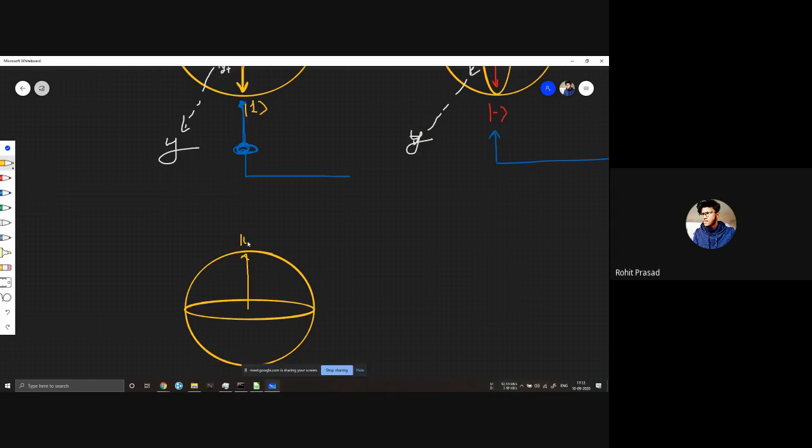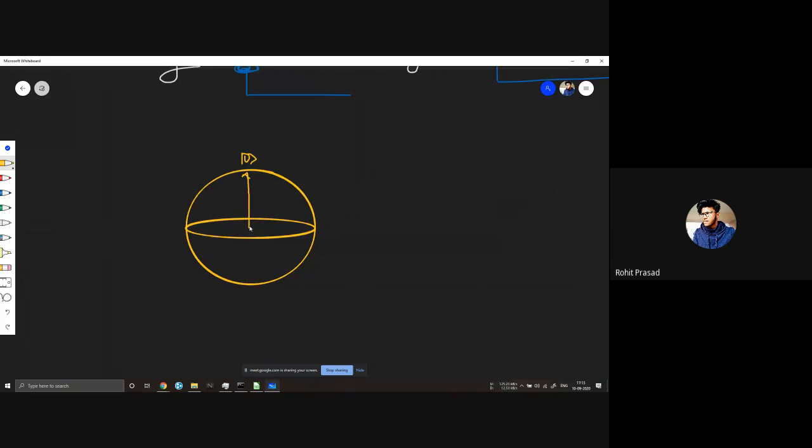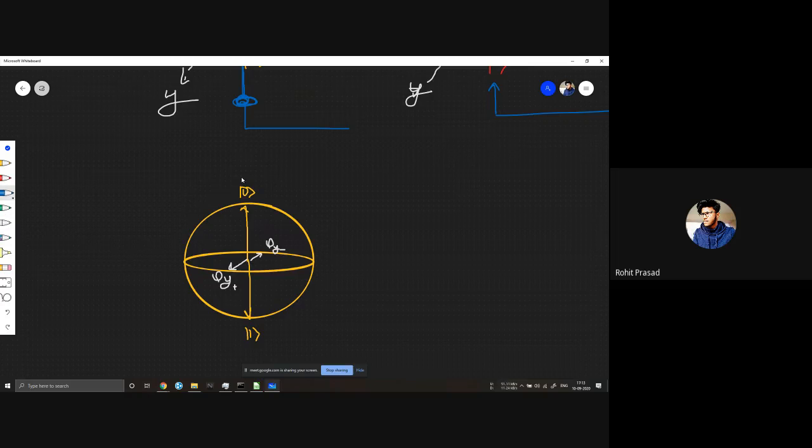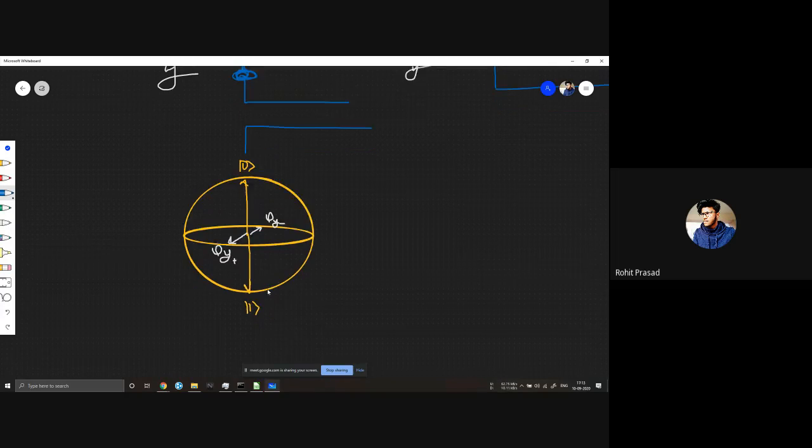This is our 0. This is our 1. And this was our psi y plus. This was our psi y minus. And this is how we measure, right?